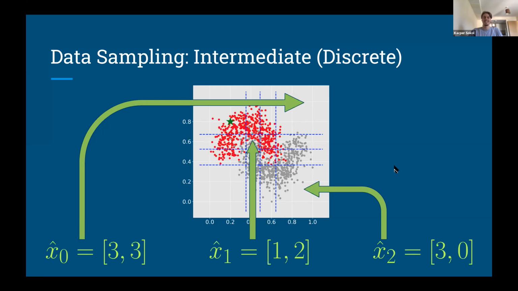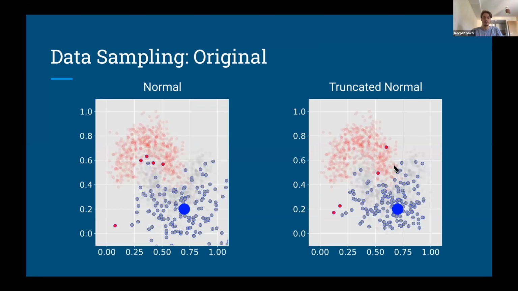We'll discuss that in a moment, but next, let's have a look what happens when we sample in the original data domain. There are a lot of sampling approaches that you can use, and two very popular ones for surrogates are normal sampling. So you just sample from the Gaussian fitted around your explained data instance, or you use truncated Gaussian, which makes sure that your data points do not go beyond the minimum and maximum of the underlying data set.